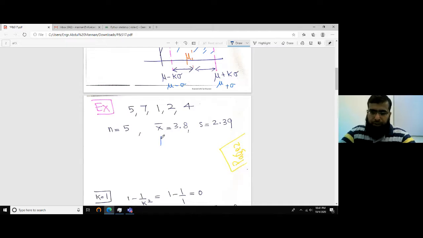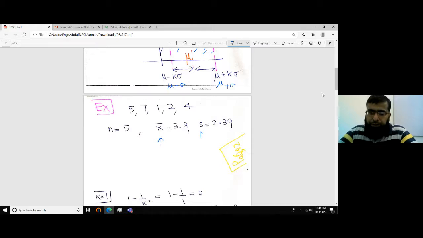For this sample we have used x bar to represent the mean instead of mu, because it's a sample, and we have used s to represent standard deviation, not sigma, because we use s for a sample and sigma for a population. So we have used the correct terminology. Now let's verify Chebyshev's theorem on it.